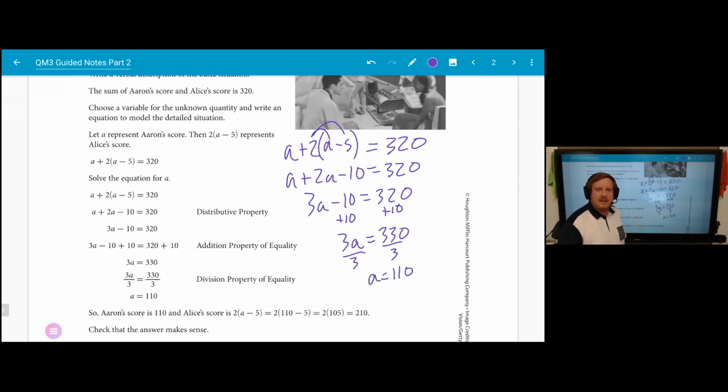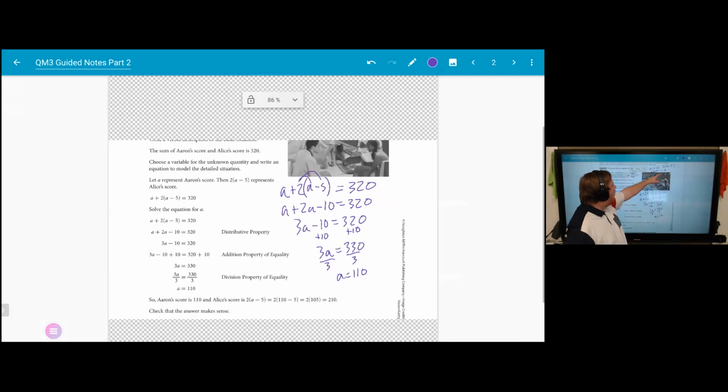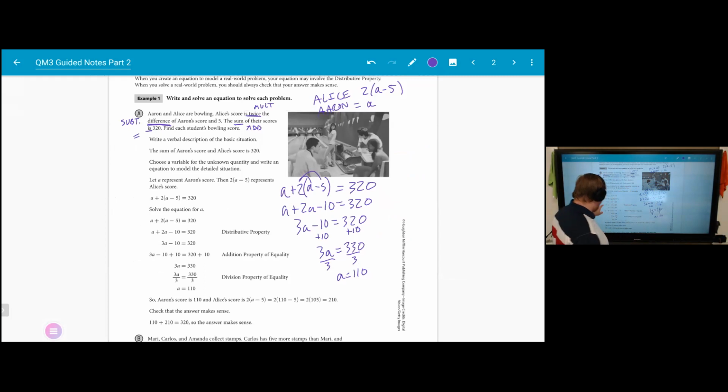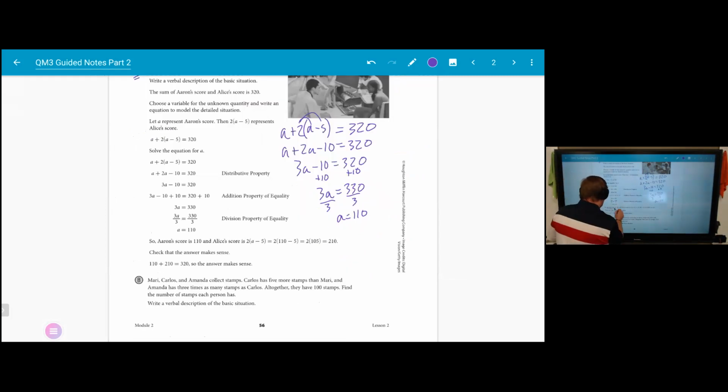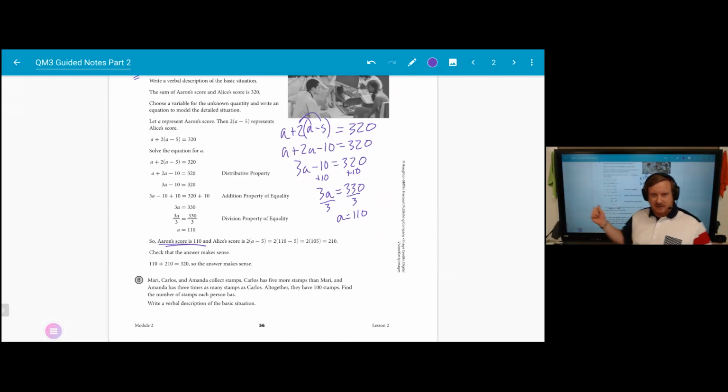Okay. What does that even mean? Well, what was A? Let's take a look at this real quick. What did we say A was? A was Aaron's score. Okay, Aaron's score is 110. Alice's score is 2 times the difference of his score and 5. So what we've got to do is plug A in where it is.